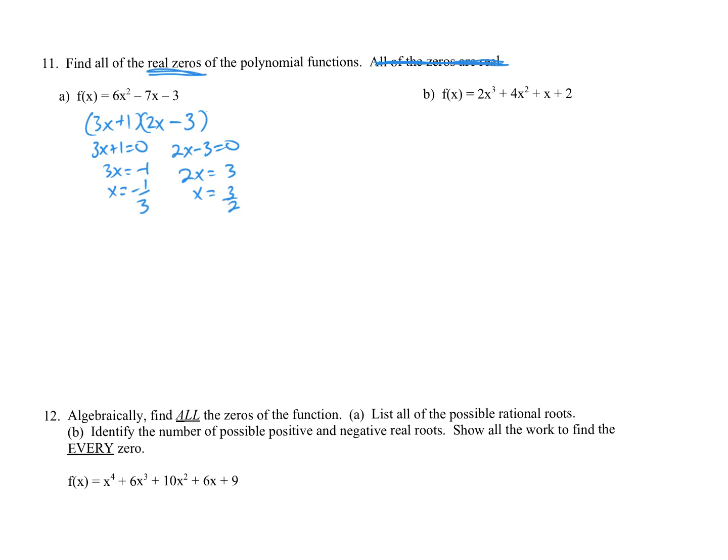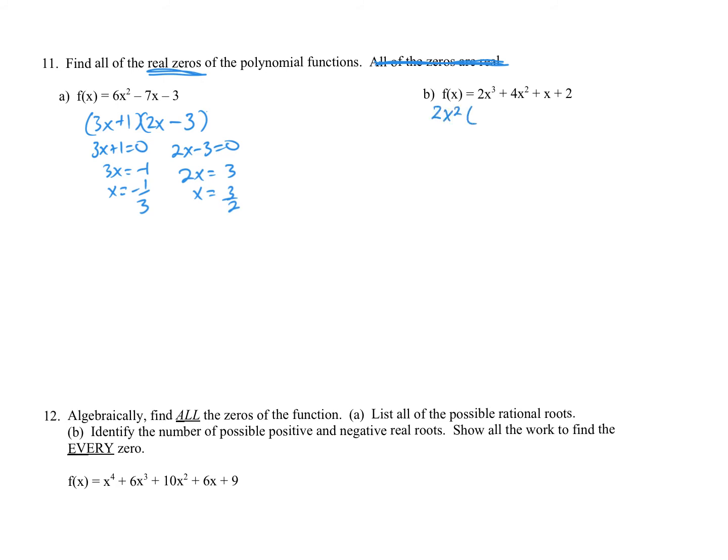So let's do the next one, which is, let's see, get my pencil. Okay. The next one, I'm going to factor. I can see I can factor. If I can factor, I'm going to factor. I factor out a 2x squared.